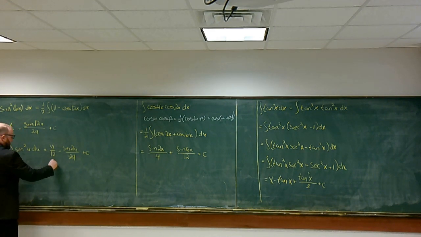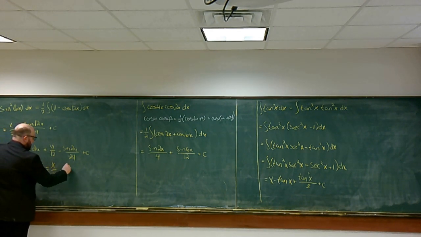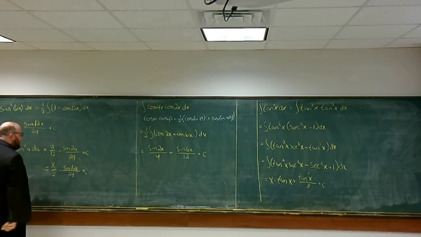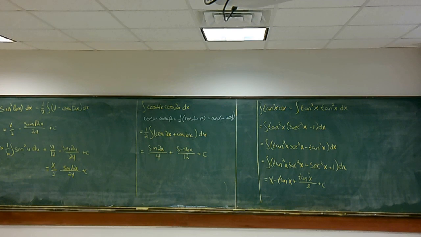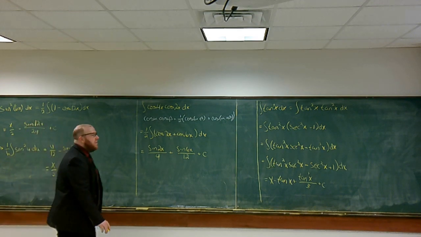U is 6x, x over 2, minus sine of 12x over 24. And so it's just where do you want to do your u sub, first or after using the identity. Either way, we get the same thing.